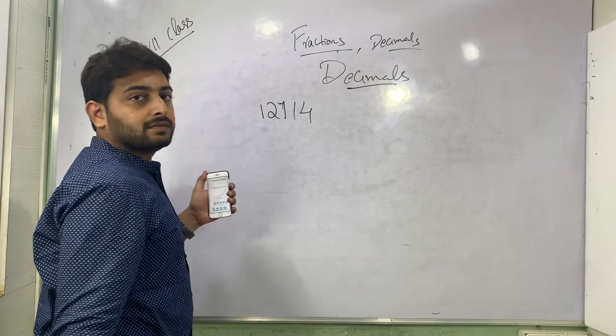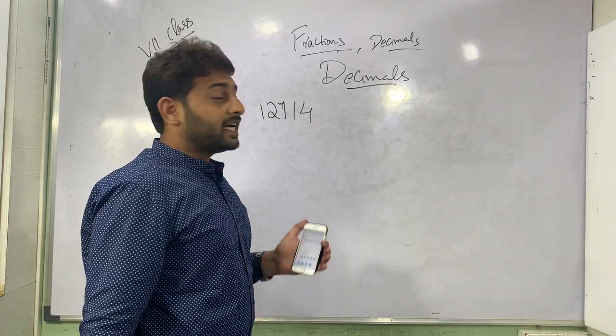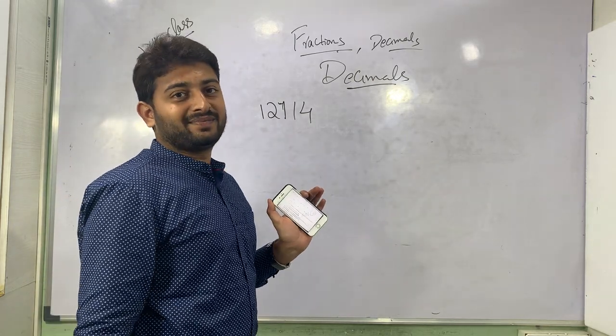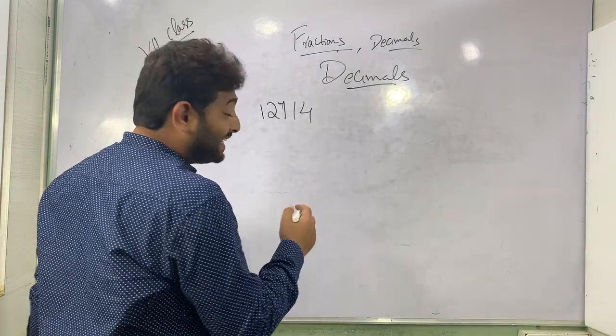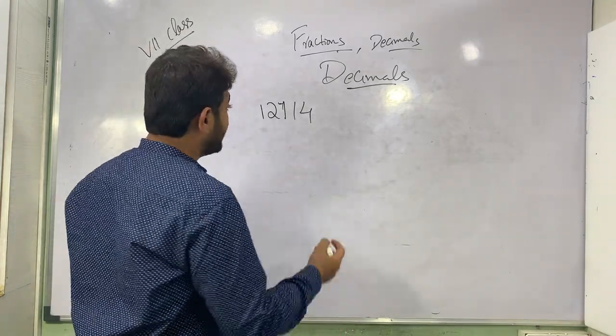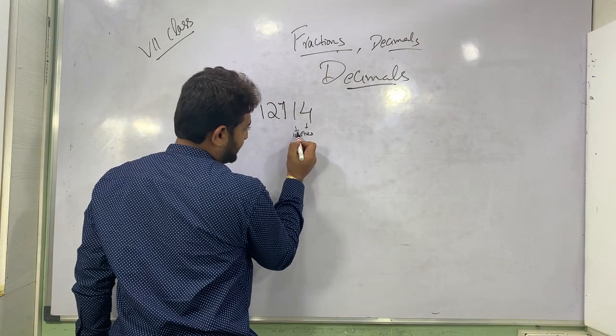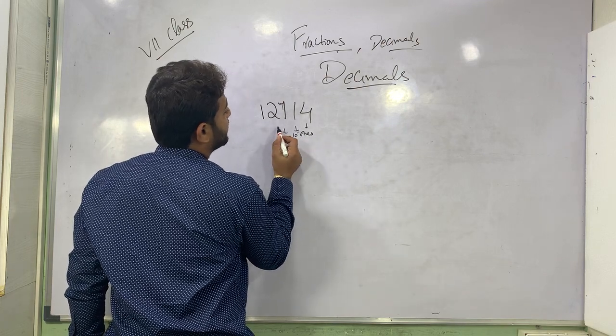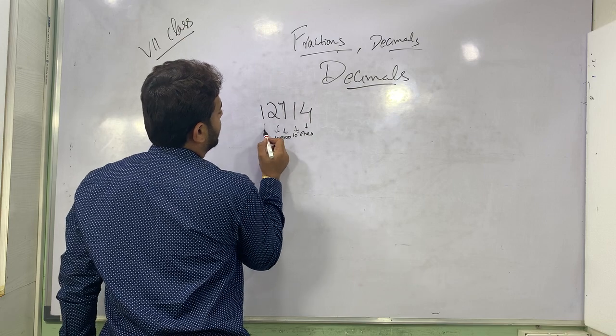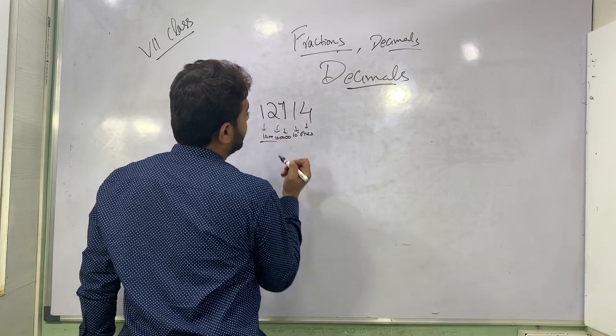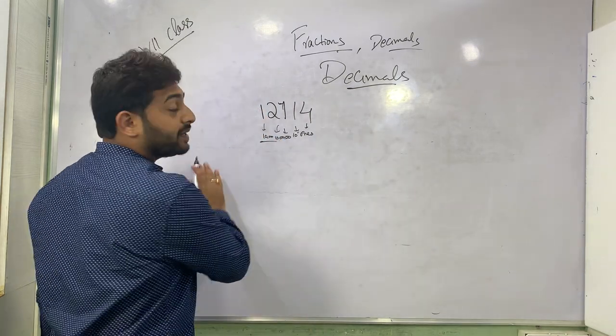If you can directly tell it, well and good. If you don't know it, again you will count it like this: ones, tens, 100, 1,000, and 10,000. Right? So this is how it goes.